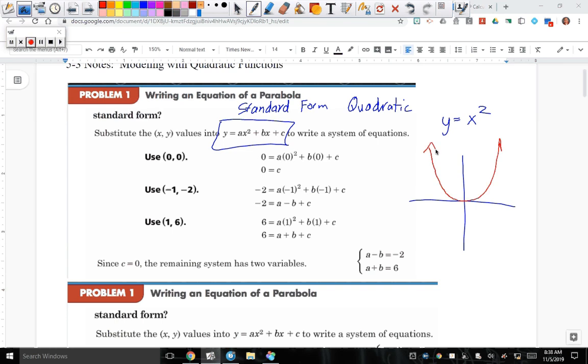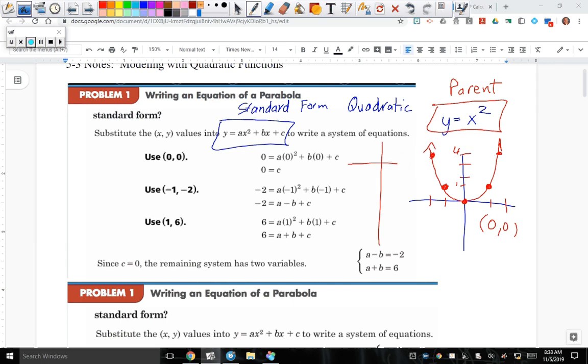A couple of features about this is that the default parent function starts at 0, 0 as far as the vertex is concerned. The next one is over 1 up 1, and then over 2 up 4. Okay, and then left 1 up 1, and then left 2 up 4.